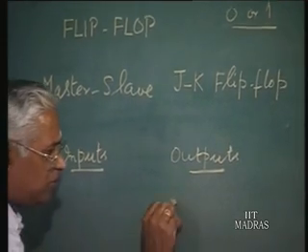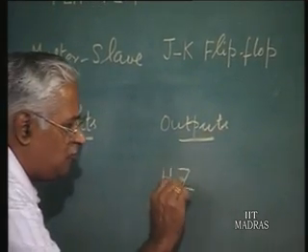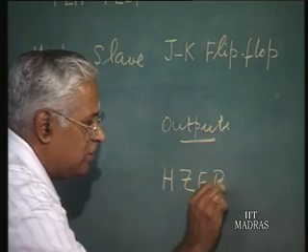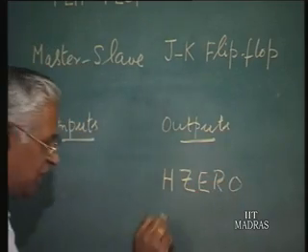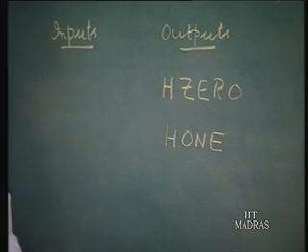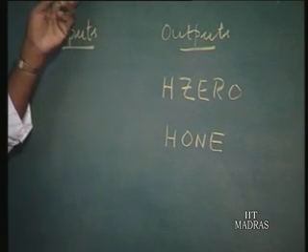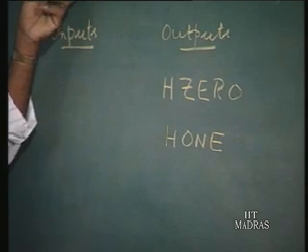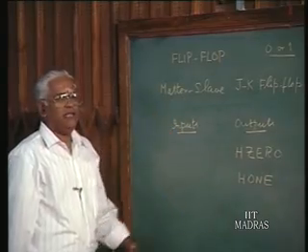We'll just name one as H0, and the other output as H1. That's all the output is. There is something more which must be said for the master slave. We'll talk about it a little later.